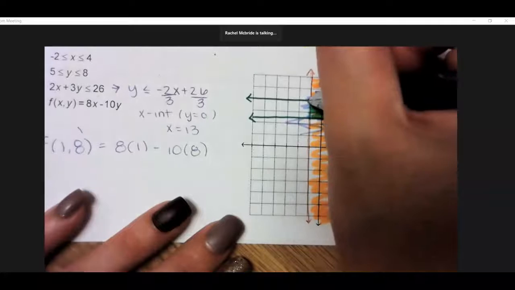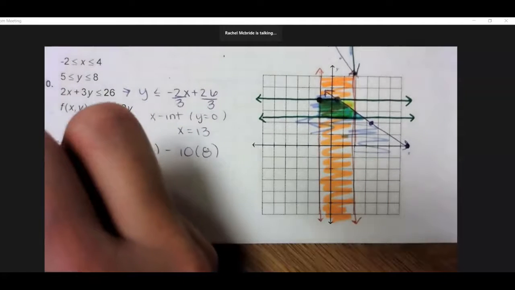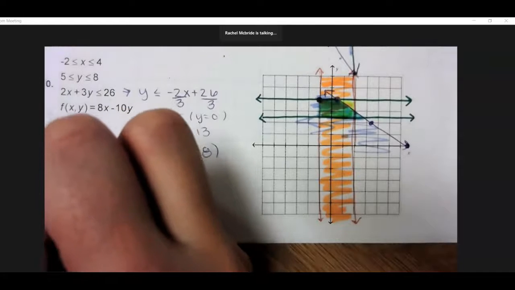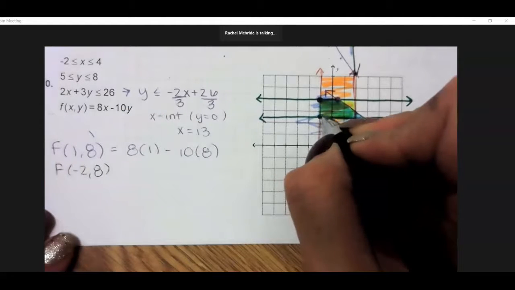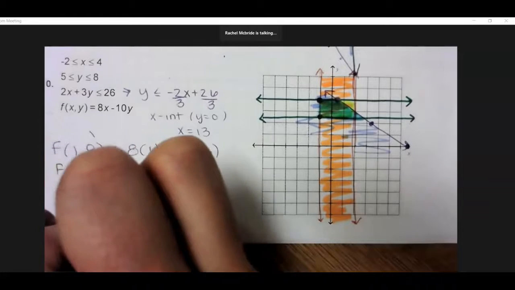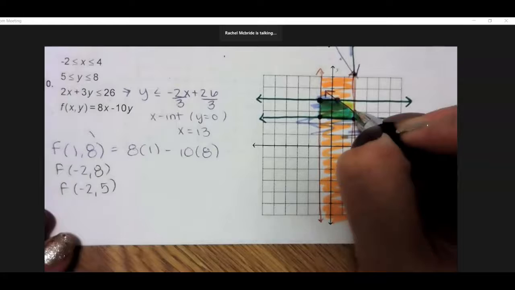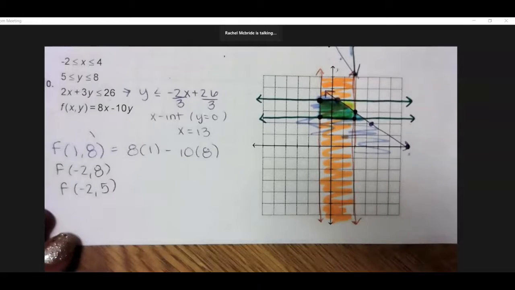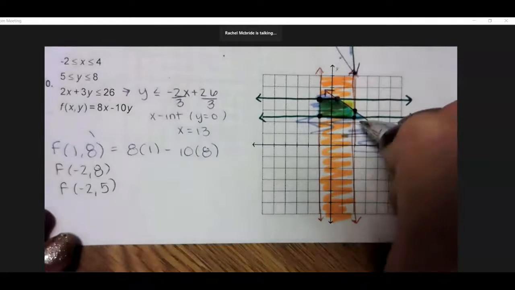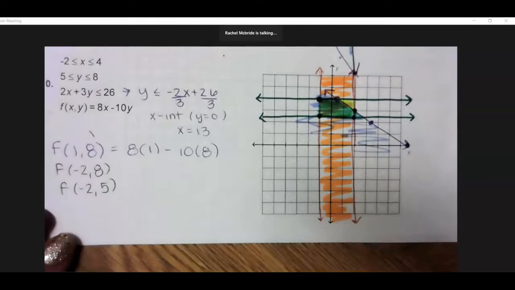This point of intersection here, which is at -2, 8. We have a point of intersection here at -2, 5. And then we have 2 other points of intersection over here, because it gets bounded by the green and by the purple. So this graph ends up with 5 vertices.